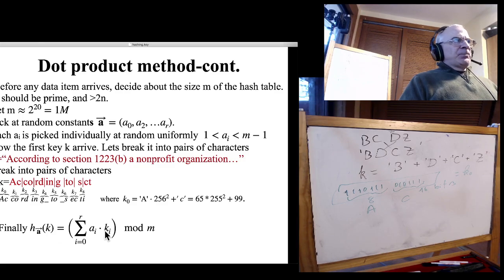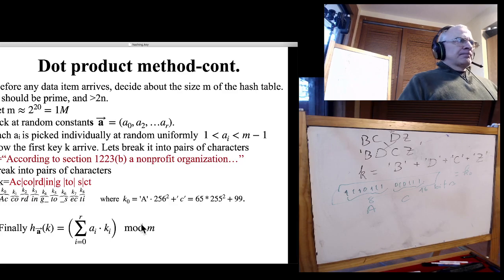Take K0, the first character, multiply by the first constant, take the second key, K1, multiply by A1, take K2, multiply by A2, and so on and so forth. Sum it all up, it's a huge number, and do modulo M so you'll get a legit index and you're done. So it's just one pass on the file.